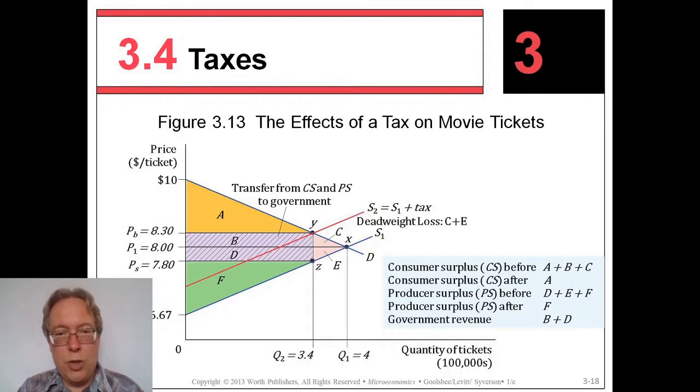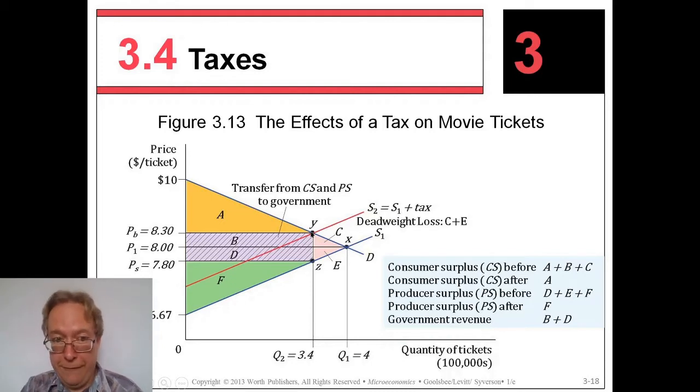But now suppose that they have to pay 50 cents tax per ticket. So in order to still induce them to provide the same amount of tickets, we now have to make sure that they do not get 7.80 for each ticket, but we have to make sure that they get 8.30.